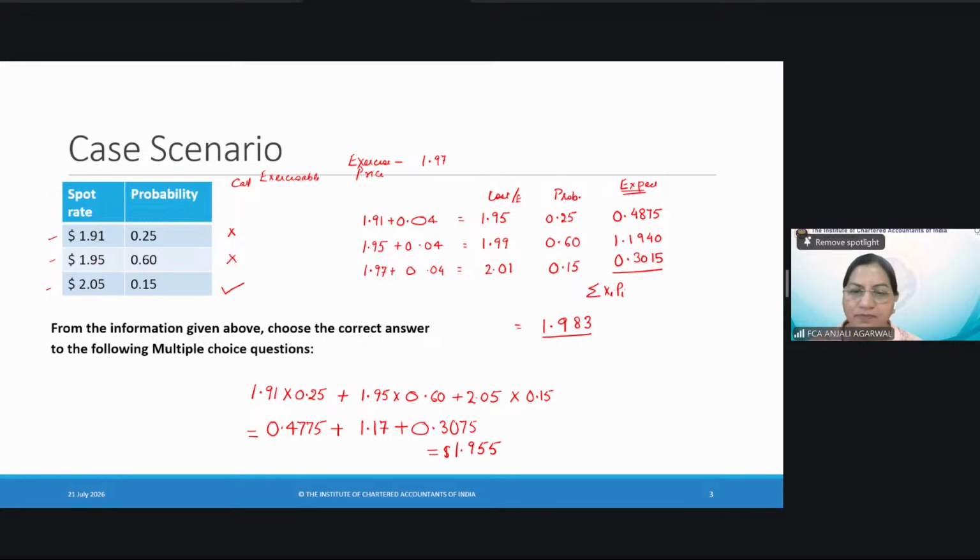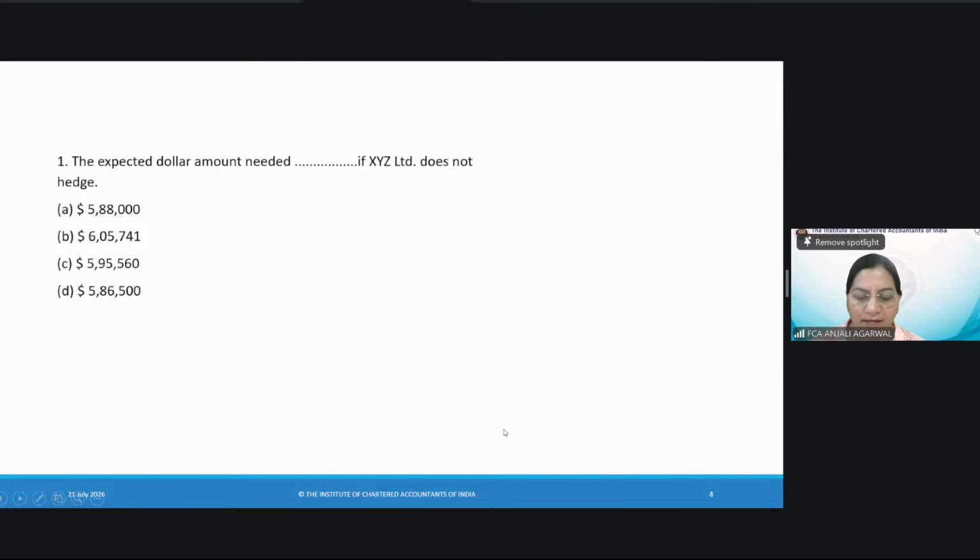So 1 pound is expected to be $1.955, and 300,000 pounds multiplied by $1.955 is 5,86,500.